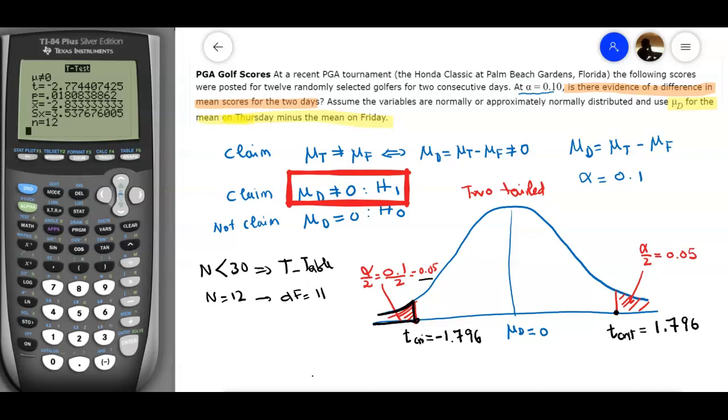So for this question, we need only the t-test. So the t-test is equal to minus 2.7744, which is, to 3 decimal places, minus 2.774. Now, let's stop here. Let's plug it in, and then we continue whether we accept or reject, right?